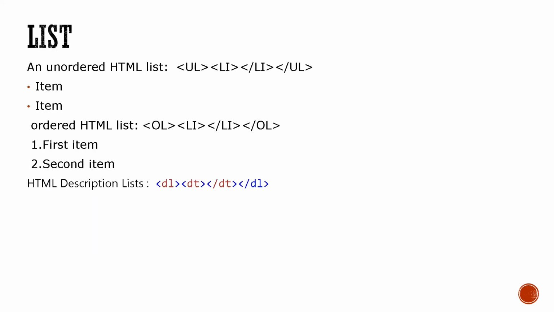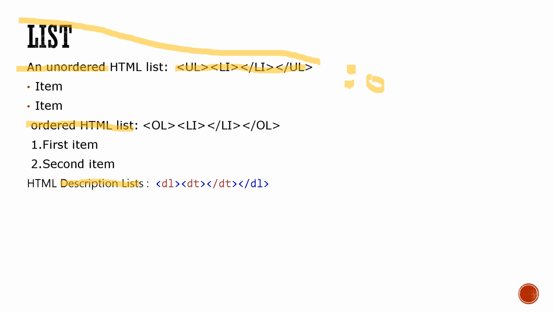Can you tell me how many lists are there? There are three types of lists: unordered list, ordered list, and description list. This is how we write them. An unordered list is marked by arrow marks, stars, brackets, symbols, like that.